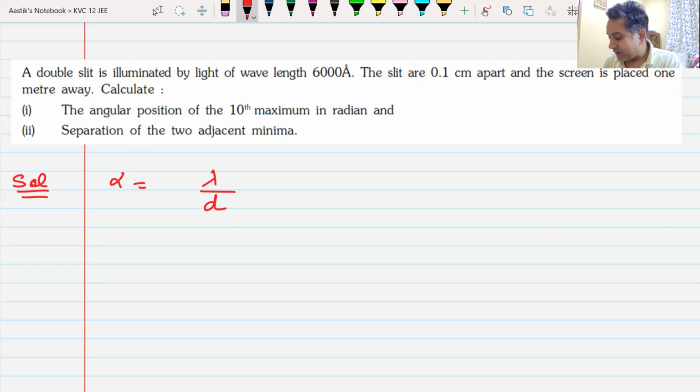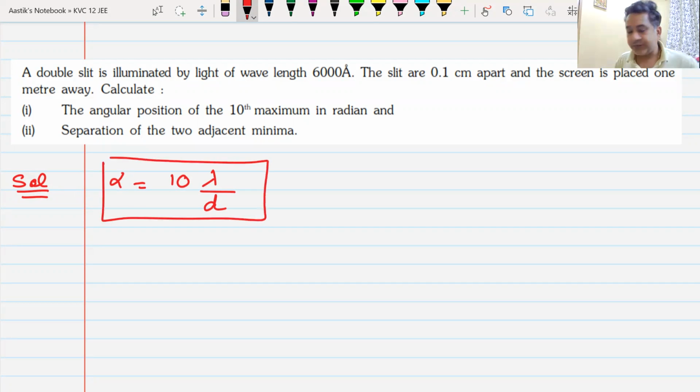You have to find it for the 10th. You just multiply it by 10 and you get it. Do we understand this? 10 times lambda by d, that is the angular position. I hope you understand this. Yes or no?